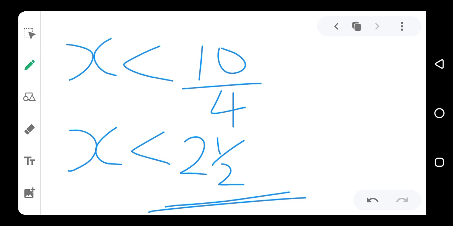That is, 2 goes into 10 five times and 2 goes into 4 two times, so we get 2 whole number 1 over 2. So this is the final answer. We did not change the sign because we did not divide by a negative, we did not multiply by a negative, and we did not change the position of the terms.